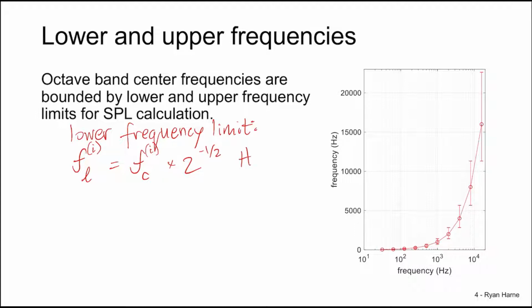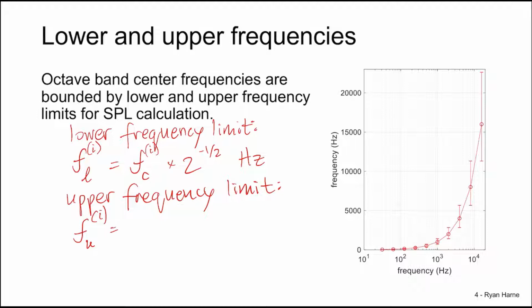That is in hertz. In addition, we have our upper frequency limits, expressed as f sub u for the ith center frequency. It is equal to the ith center frequency, f sub c superscript (i), times 2 to the positive 1/2 power. That is in hertz.